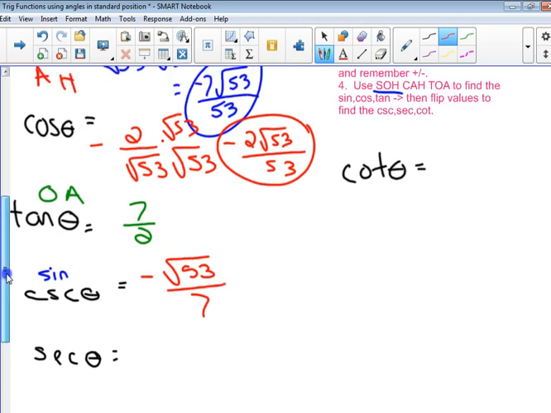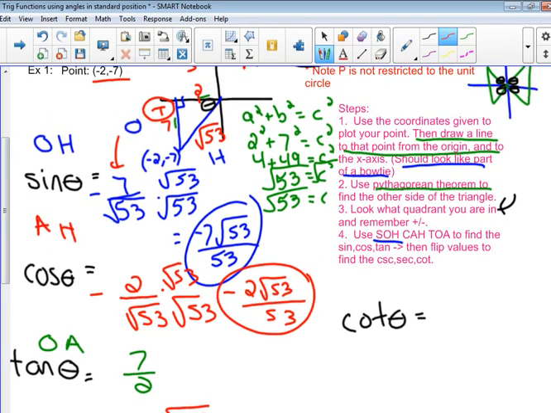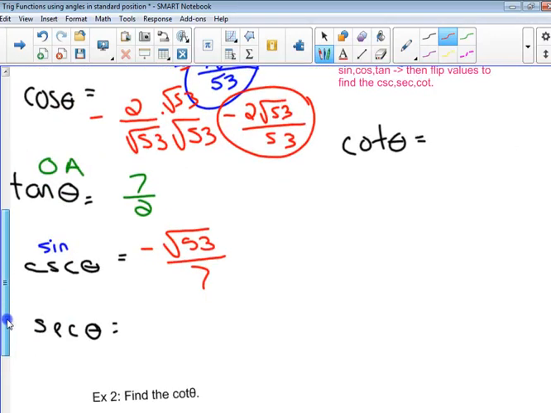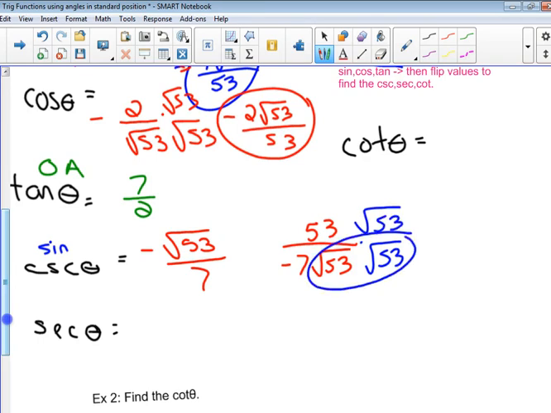If you guys wanted to, you could have used this negative 7 radical 53 over 53. Now, let me just show you one time what you would get. If you decided to flip this one, we have 53 over negative 7 radical 53. So if you did rationalize this, what would happen to the bottom radicals?